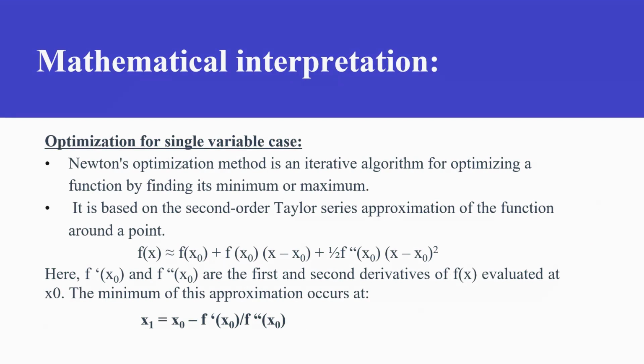Let's discuss the mathematical interpretation of the optimization for the single variable case. Newton's optimization method is an iterative algorithm for optimizing a function by finding its minimum or maximum.